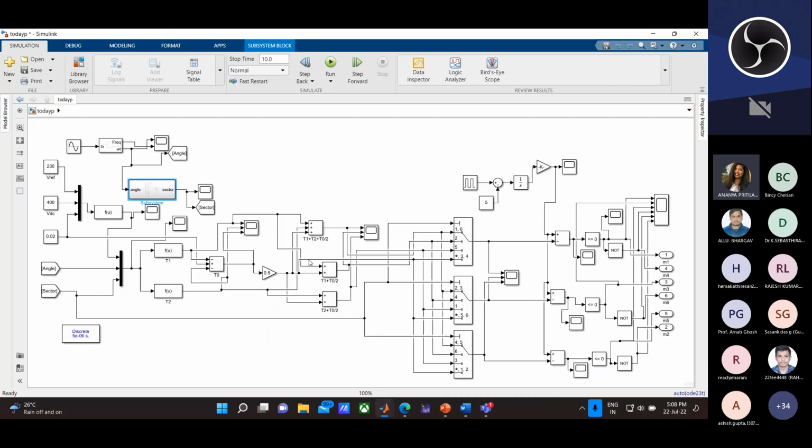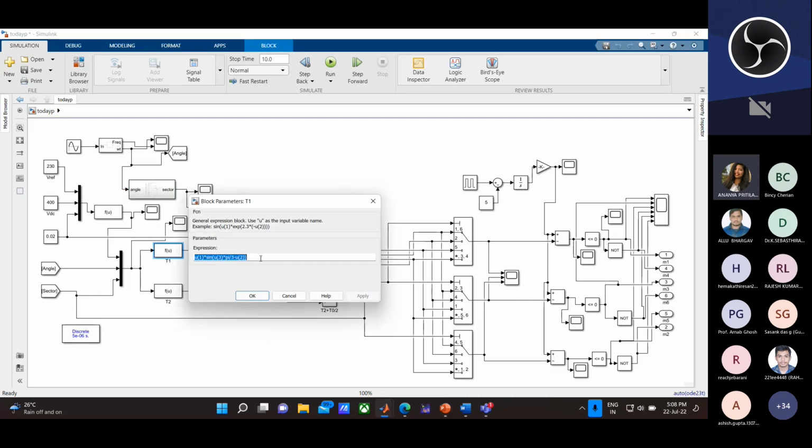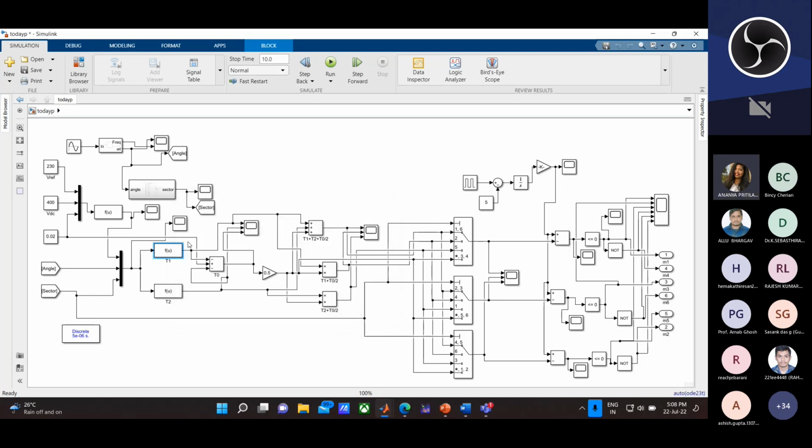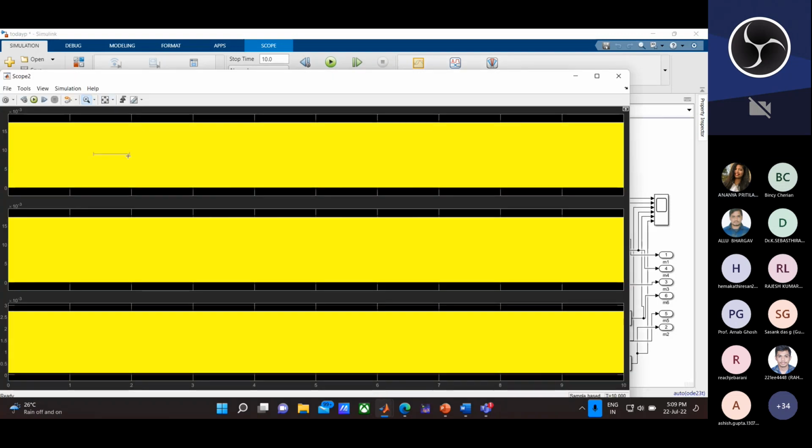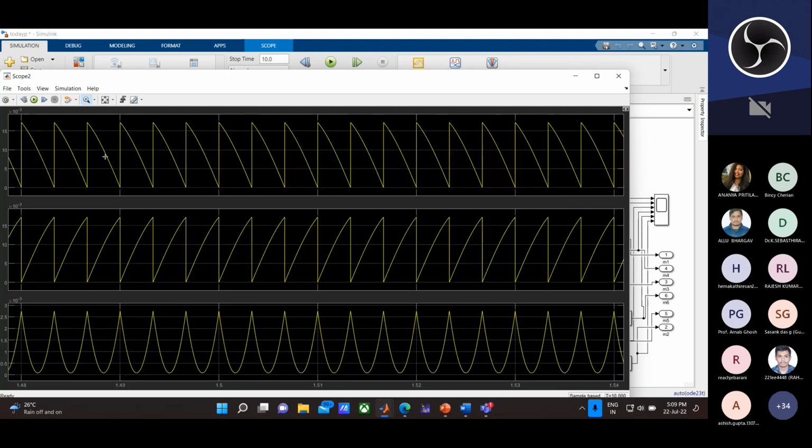After that, by these functions, here I have written that formula and calculated T1 and T2 and again T0. Then here I can show the waveforms T1, T2 and T0.